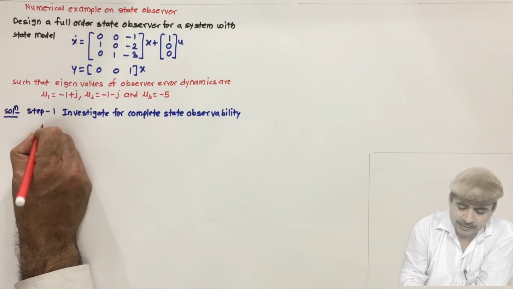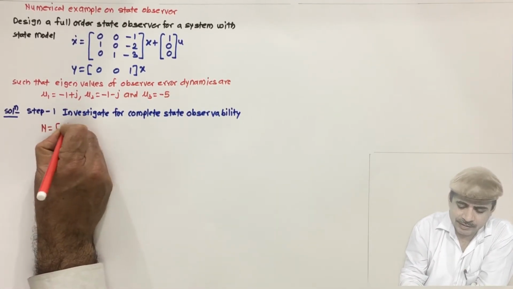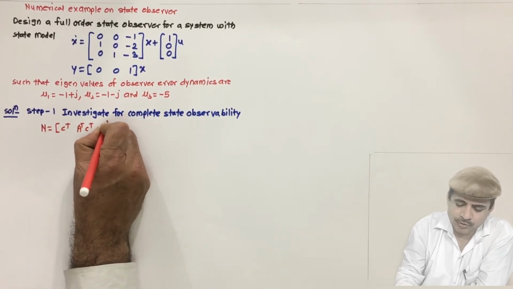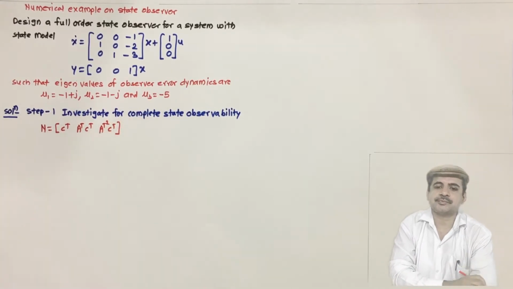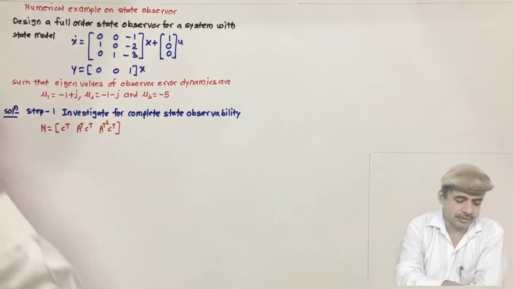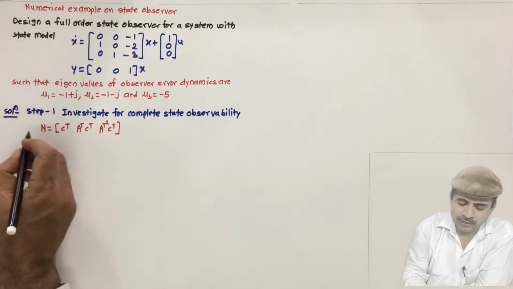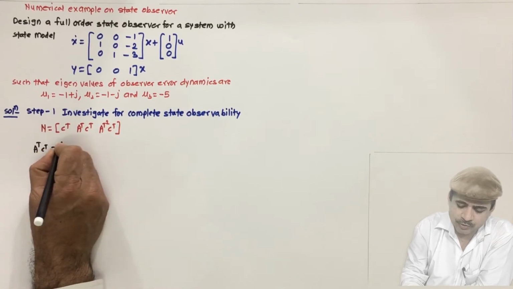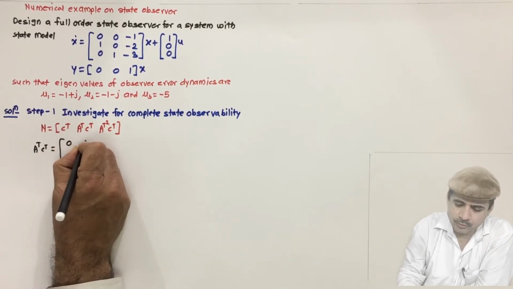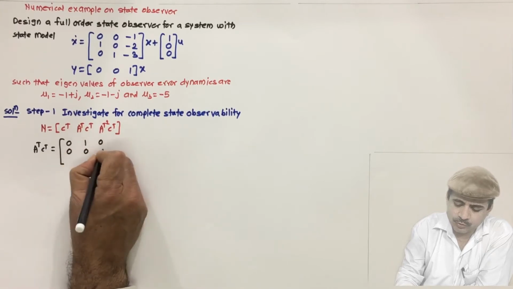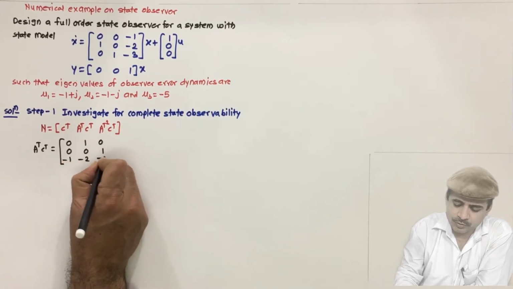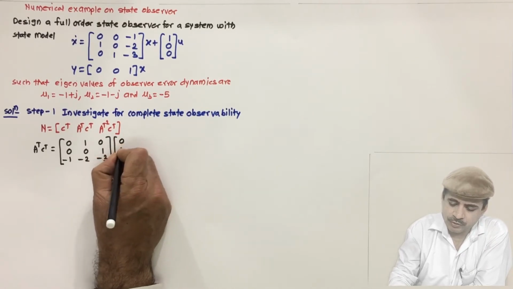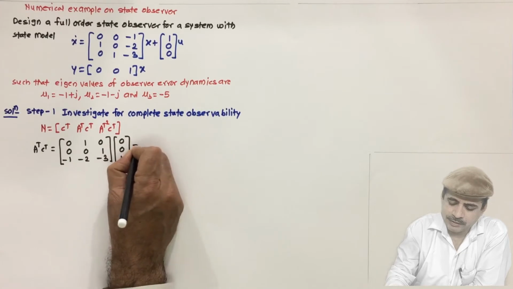Here our N matrix, the observability matrix, is C transpose, A transpose C transpose, A transpose square C transpose, because it is a third order system. Now I will calculate A transpose C transpose. A transpose C transpose is equal to [0 1 0; 0 0 1; -1 -2 -3] times C transpose, which is [0 0 1].